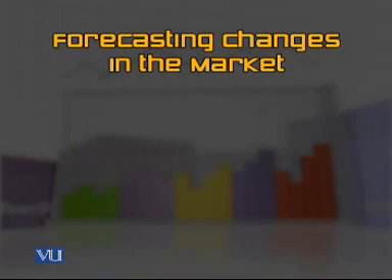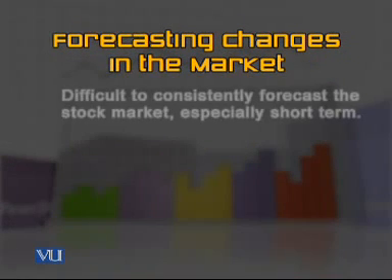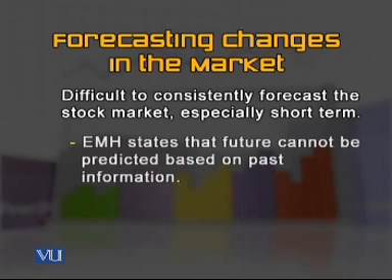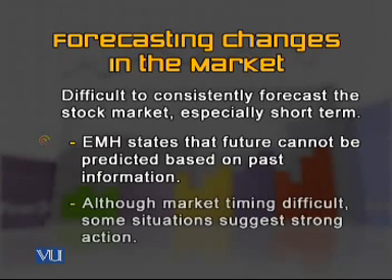So, we must understand the volatility in markets because it's difficult to predict. We talked about forecasting changes in the market. Now, it is difficult to consistently forecast the stock market, especially in the short term. We talked about the efficient market hypothesis, which states that the future cannot be predicted based on past performance and past information.